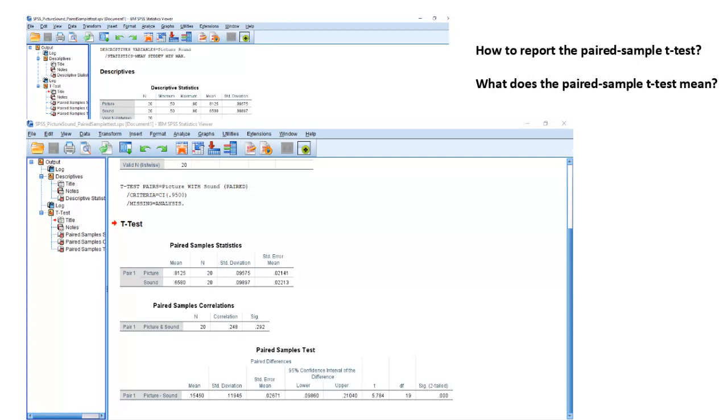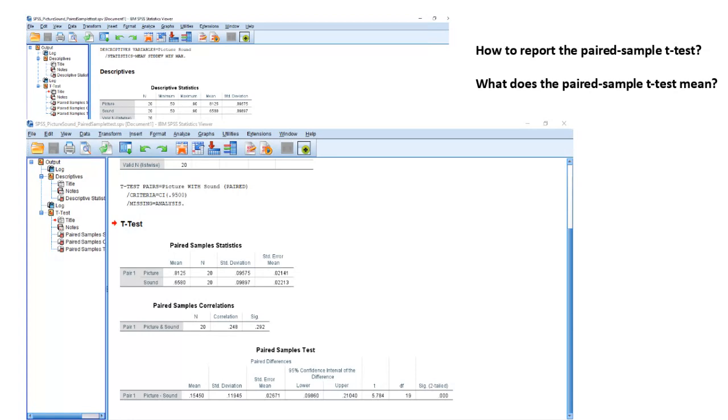So I guess you would just do t(19) equals 5.7. It's been a while since I did this. p < 0.01. I think that's how you would do it in terms of the proper notation, but don't quote me on that.